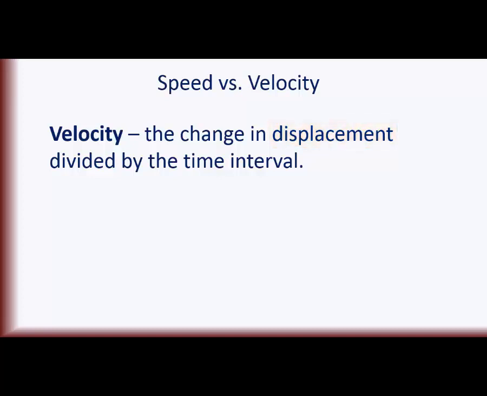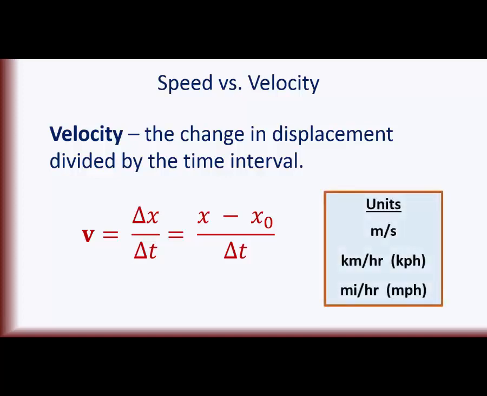The equation for velocity looks like this. If you were to read this equation out loud, it would sound like this. Velocity is equal to the change in position divided by the change in time, which is equal to the final position minus the initial position, all divided by time. The units for velocity are the same as the units for speed, but don't forget that velocity needs a direction.